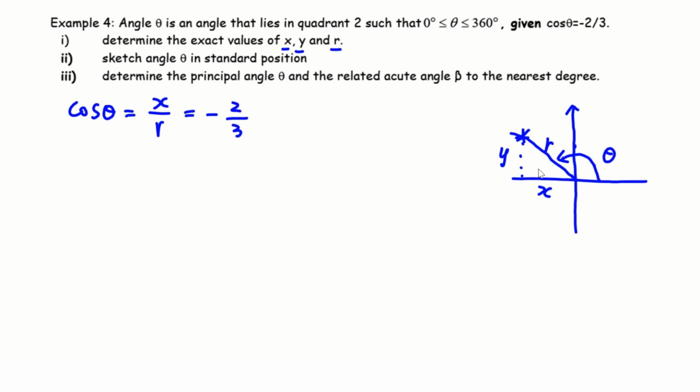You could have infinite numbers of points on this terminal arm, but we want to find the simplest one. We are going to let x equals negative 2, r equals 3. Then y is the unknown, so x squared plus y squared equals r squared. Then we solve for y.